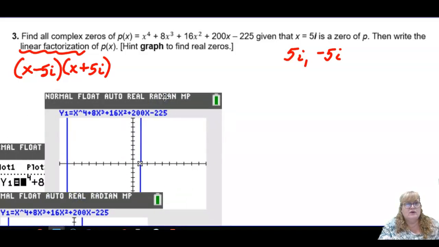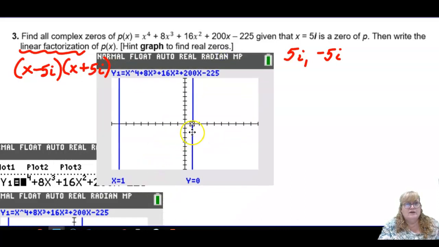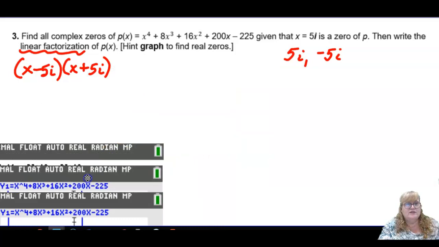Then here, I tried 1 and 1 worked. So it actually had a 0 at both -9 and +1. So our other two linear factors are x plus 9 and x minus 1.